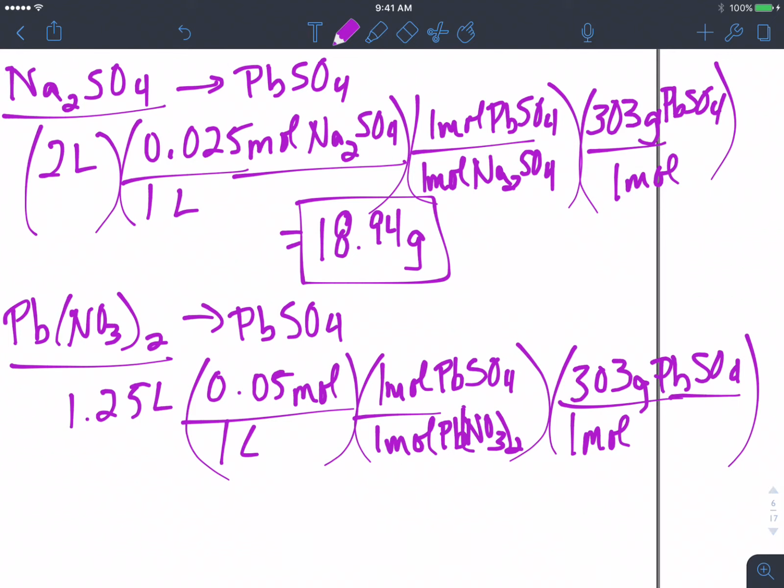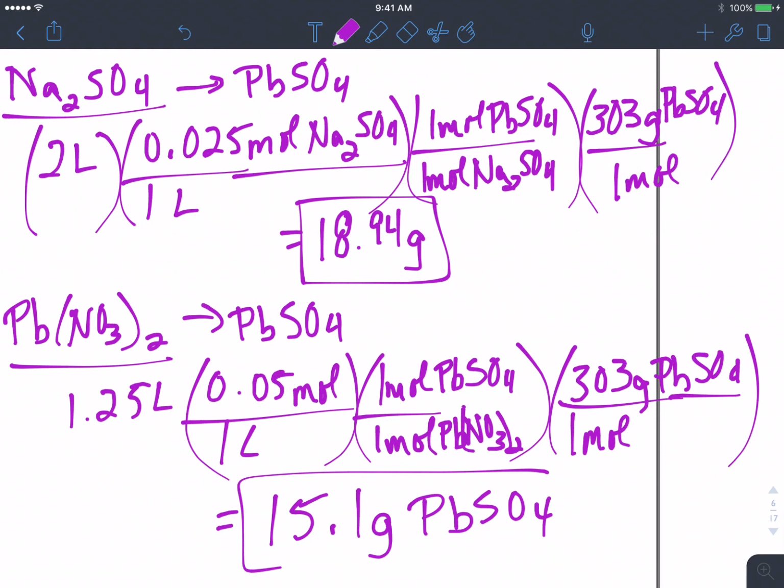And when you do all of that math, you get 15.1 grams, assuming I did this all right, of PbSO4. So what this means is, given those starting amounts of PbNO3, there's enough lead ions to contribute to get 15.1 grams of lead sulfate, assuming you have enough sulfate to react.